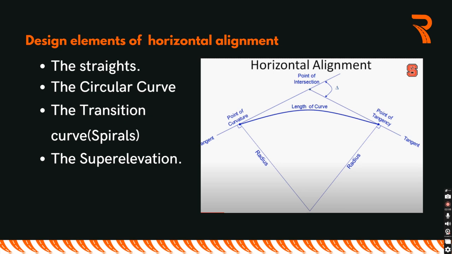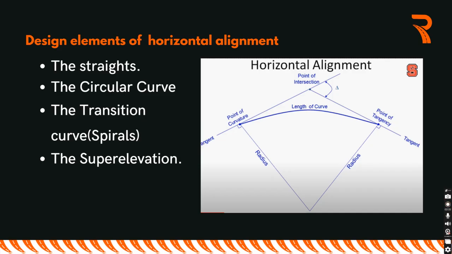And then the second element is the circular curve, which is where you can see on my screen right here. It is defined as the curvature of the road, of course, with a radius. The radius is finite, meaning it's limited, and it's determined by the design engineer. The third one is for you to transition from a straight section to a circular curve.